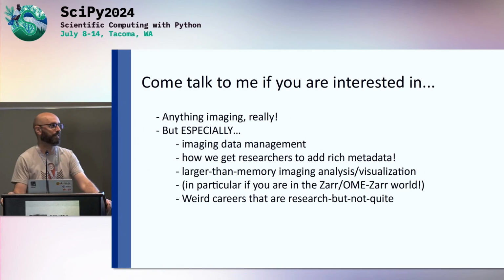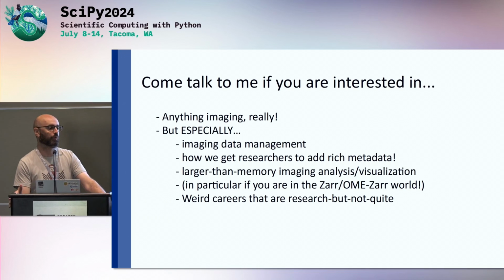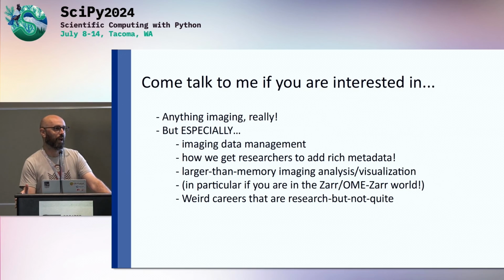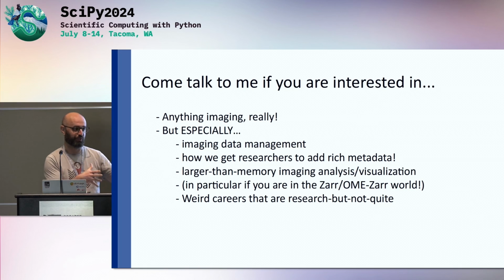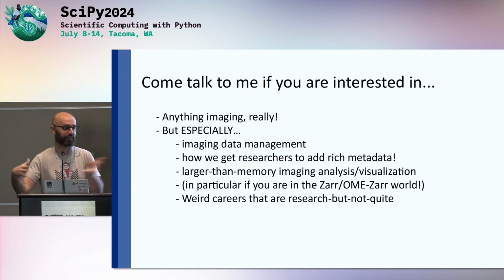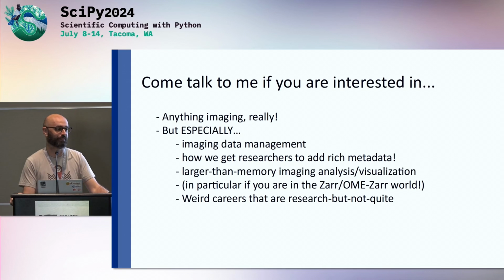I think the most exciting thing right now is there is a very concerted effort to add the OME data model on top of ZARR. So the OME NGFF specification is what they call it. It's at 0.4 already. 0.5 is coming out. And the idea is essentially to have all this rich ecosystem of tools being able to look at ZARRs that come from a bioimaging context and do things with it.